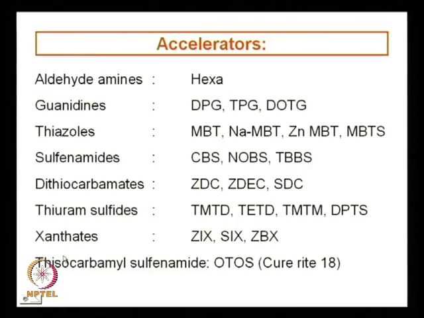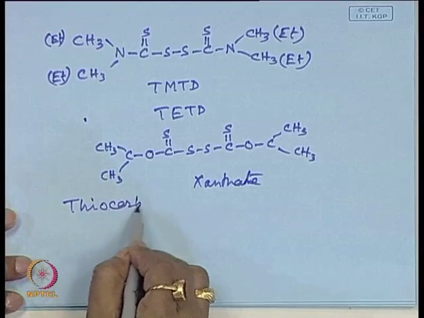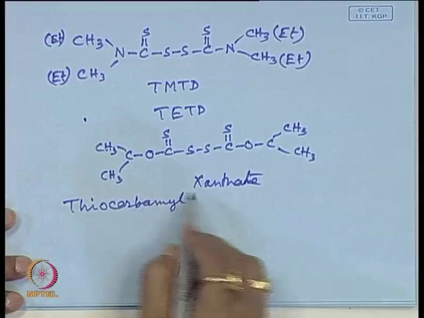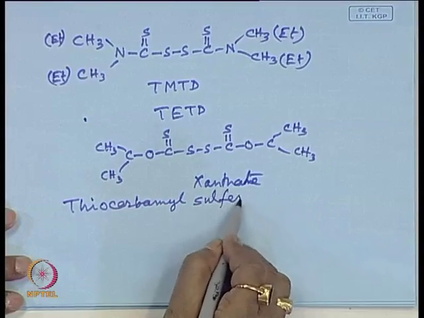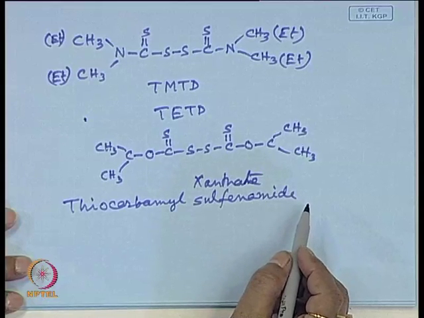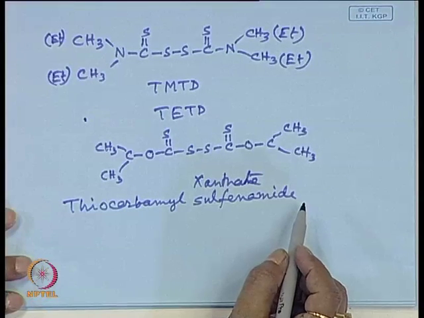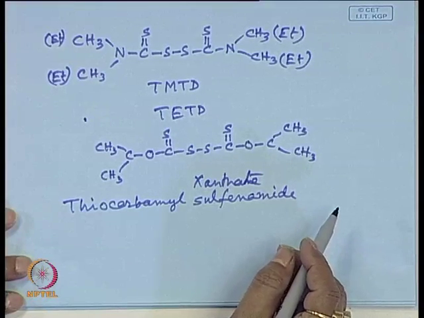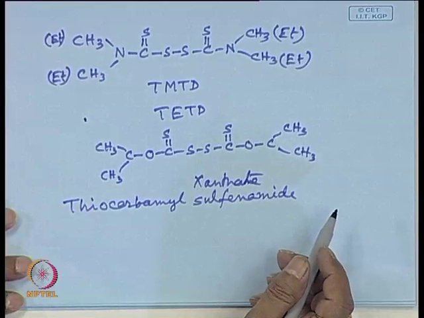This one, xanthate. Actually, this is wrong, it should be thio, not thiso. The S should be dropped over here. Then thiocarbamyl sulfonamide. If you have a doubt, you can discuss with me after this class.